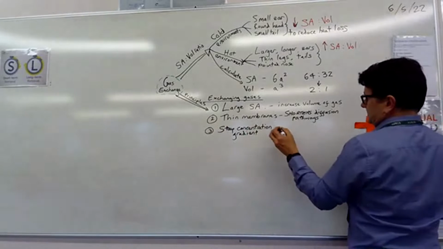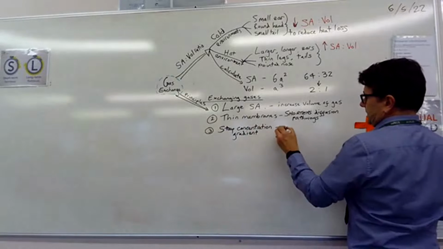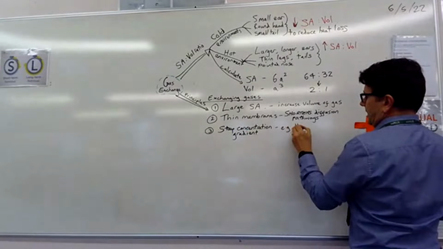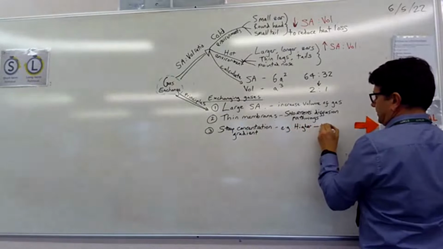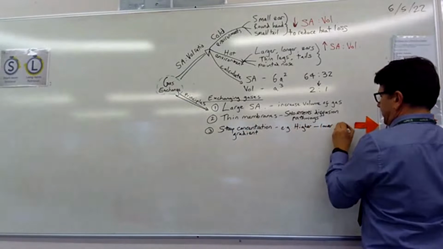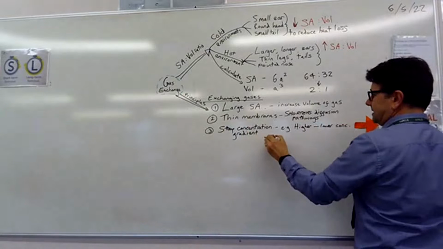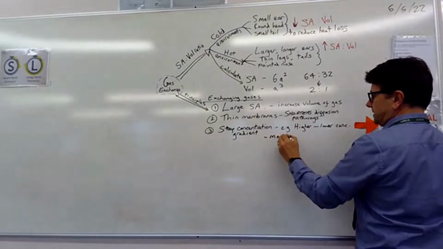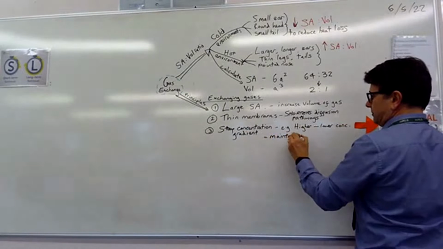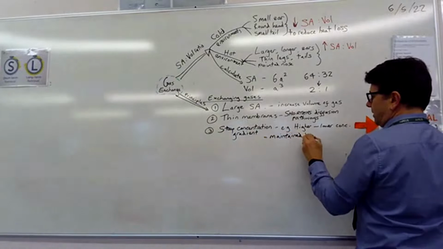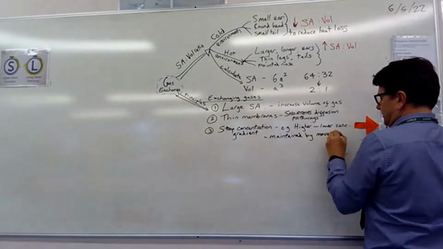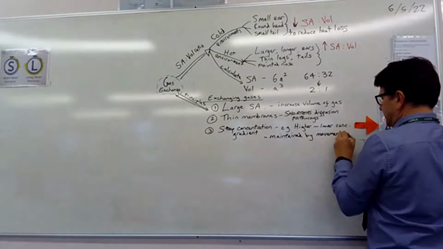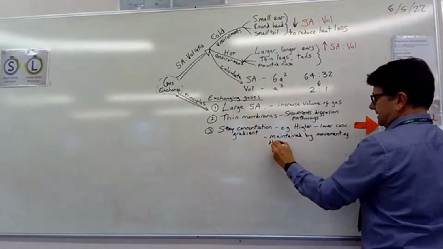Okay, so e.g. higher than lower concentration. So usually those are maintained by movement of blood or water, maintained by movement or circulation of things that are circulated.